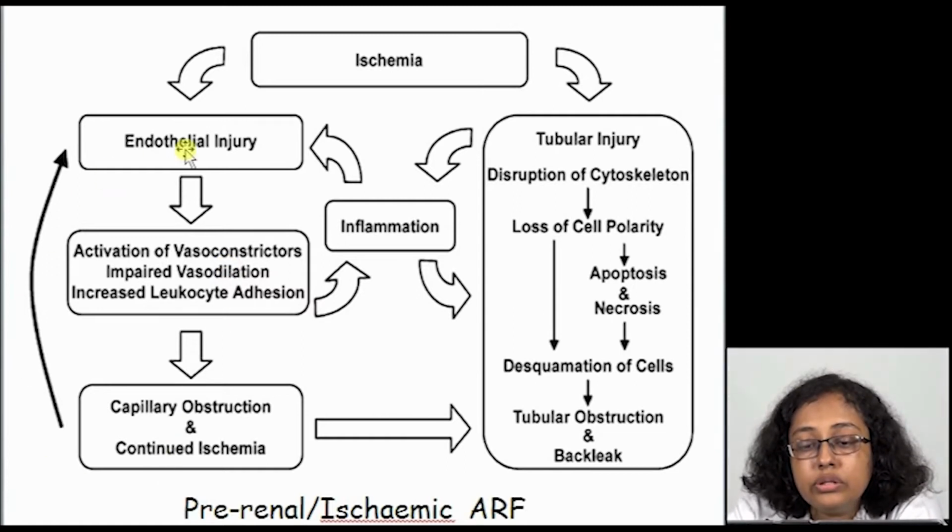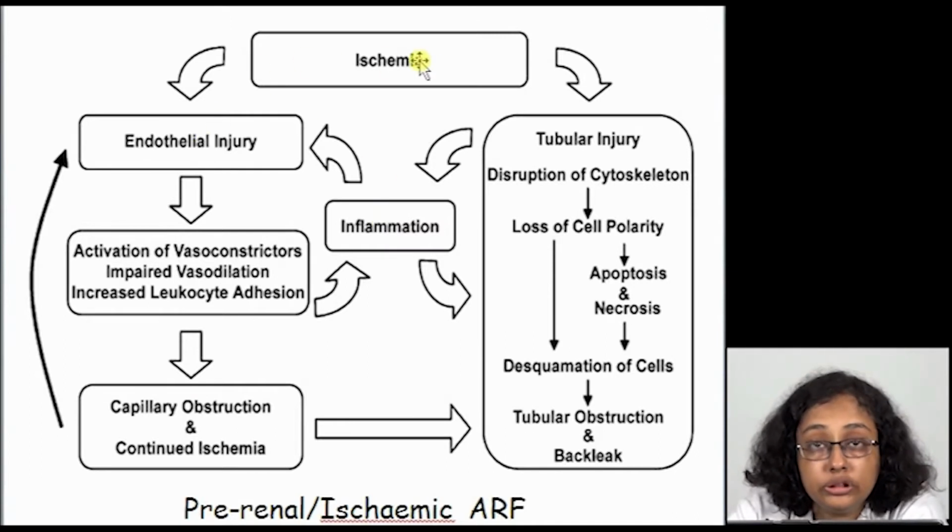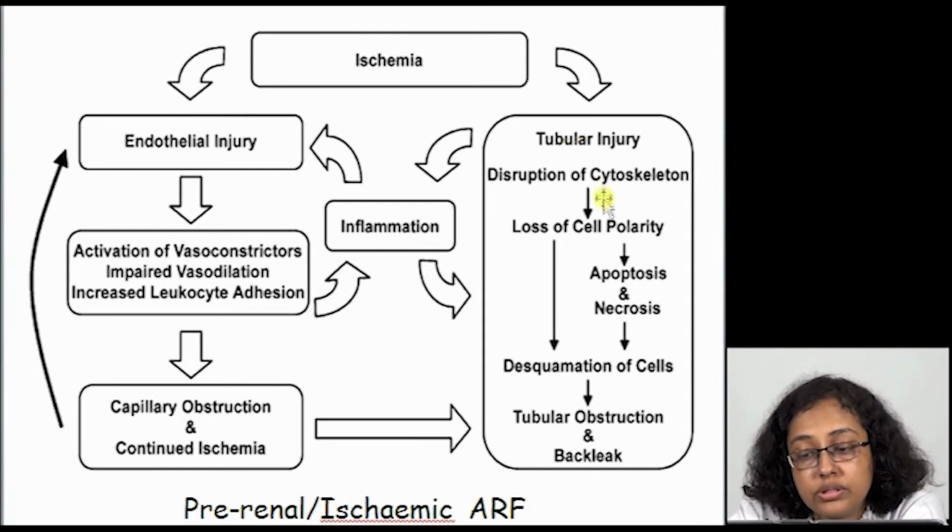Now, this activation of leukocyte adhesion factors leads to inflammation, which again causes endothelial injury. Now, the ischemia also causes tubular injury, which is the acute tubular injury. This leads to disruption of cytoskeleton, loss of cell polarity leading to apoptosis and necrosis, desquamation of cells, tubular obstruction, and back leak.